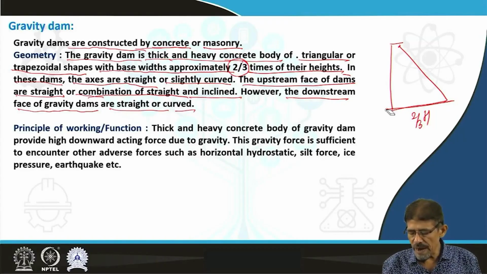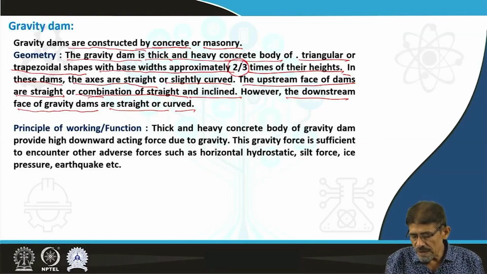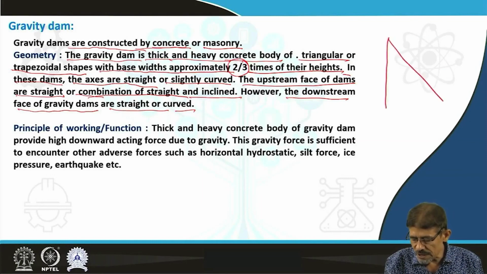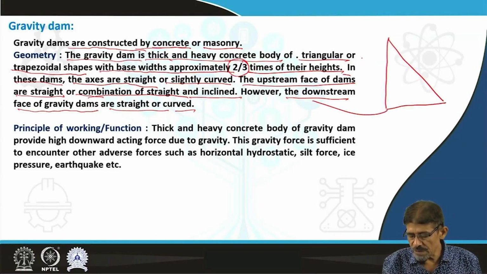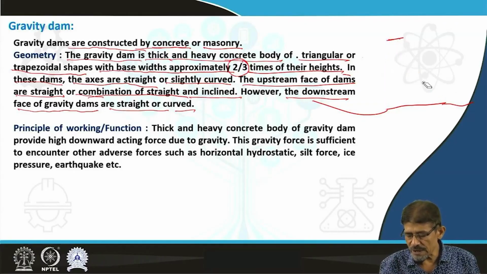Here, if we try to draw this, we can see this type of section we are getting, this type of triangular section, here upstream side, here downstream side, or trapezoidal section, generally trapezoidal section, this type of section.